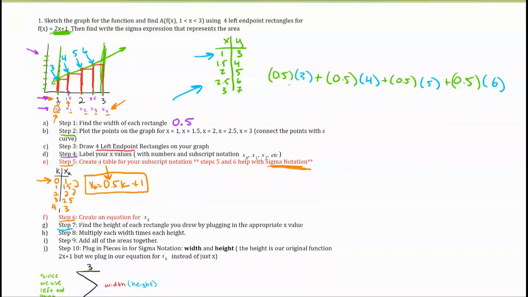So when I multiply all of these together, I could do this one at a time. I could say, this is 1.5, this is 2, this is 2.5, and this is 3. So those are all the areas of my 4 rectangles. Note that I only have 4 values. The big mistake that people make is that they use this value here as well on the right side of my graph, which is not good because we're not going to need 5 values.